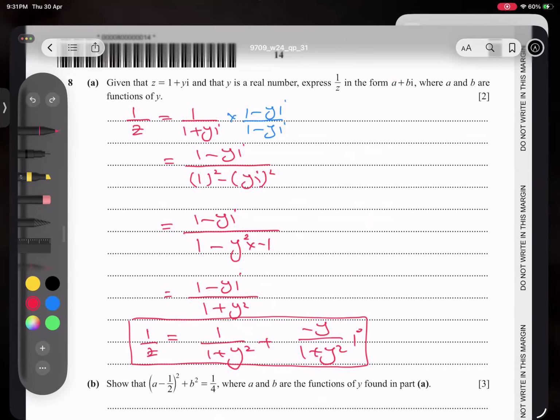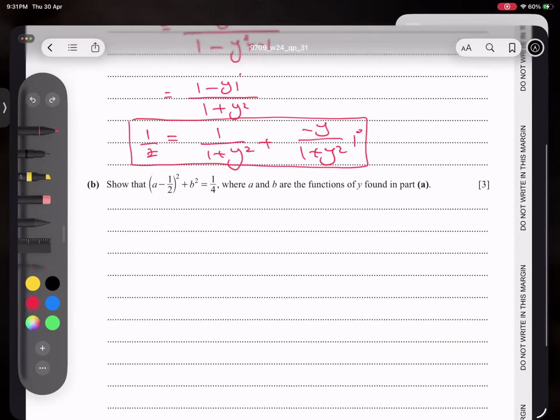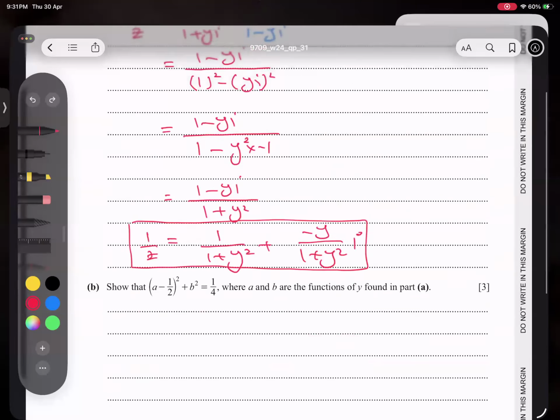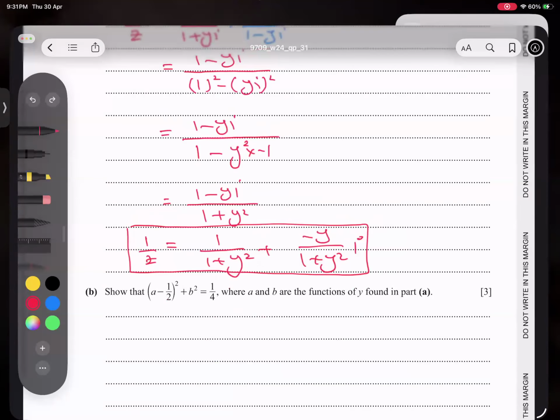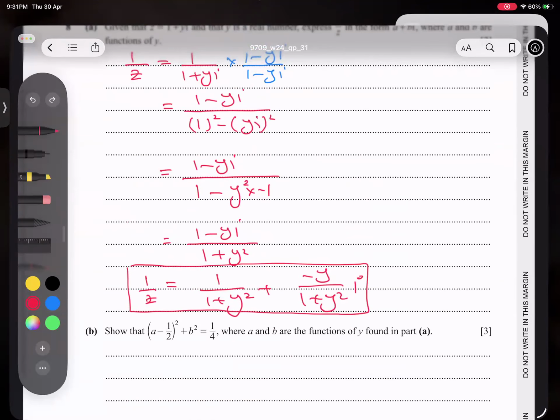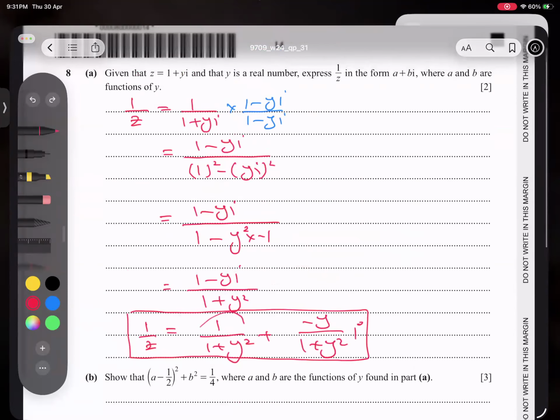I have two options, students. The second option is what? I can plug in the values, because this is the value of a, you know it very well. So this value I'm going to replace here, and this is the b value, and I'm going to replace here, and I'm going to solve.